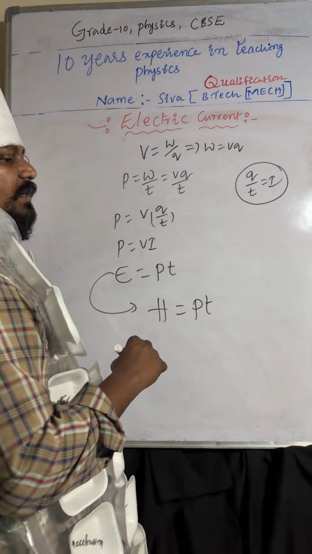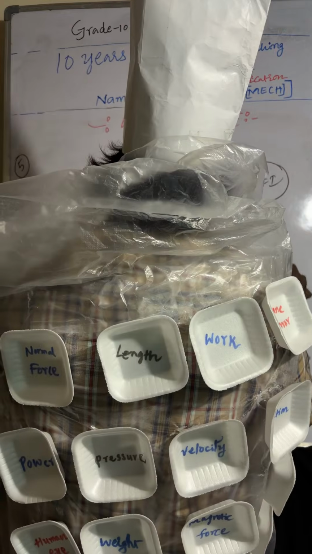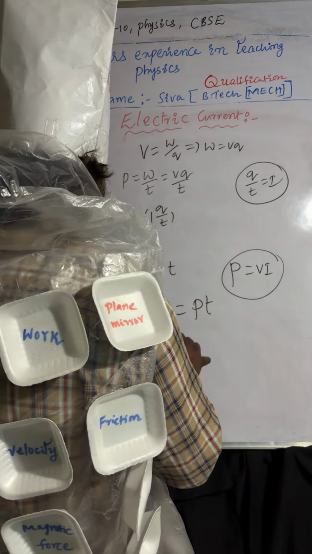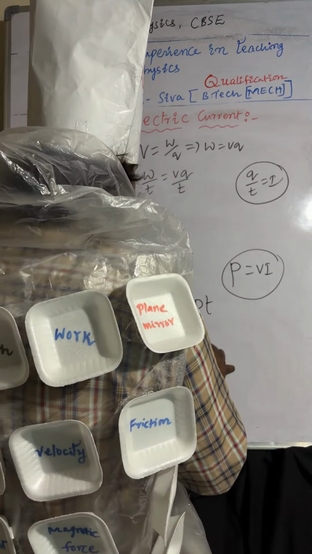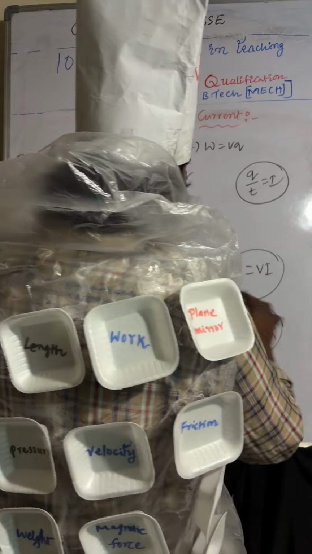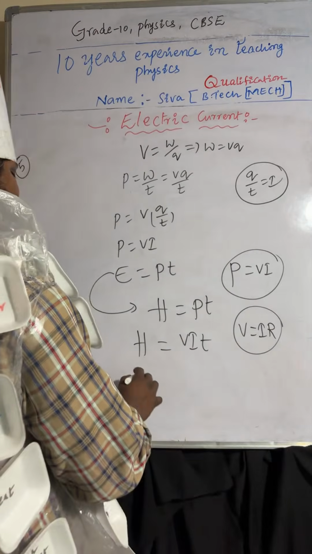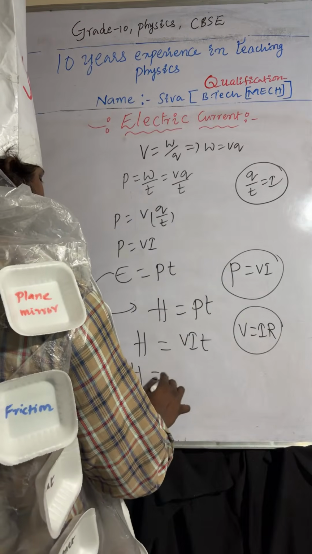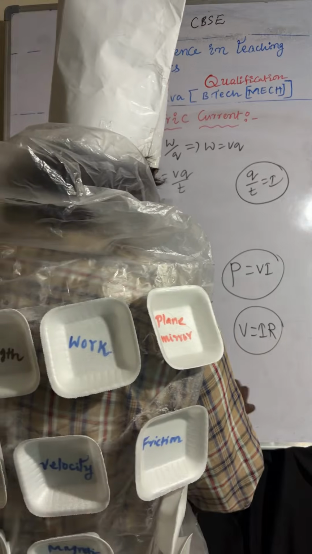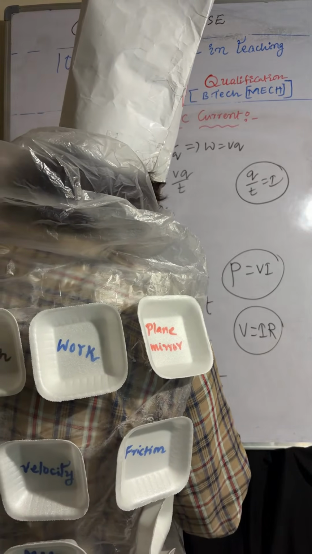So H equal to VIT. What is the formula of potential difference? V equal to IR. Substitute here, H equal to IR into I into T, then you will get H equal to I square RT.